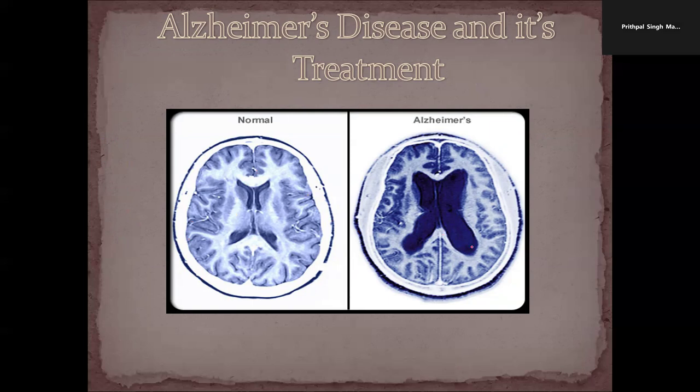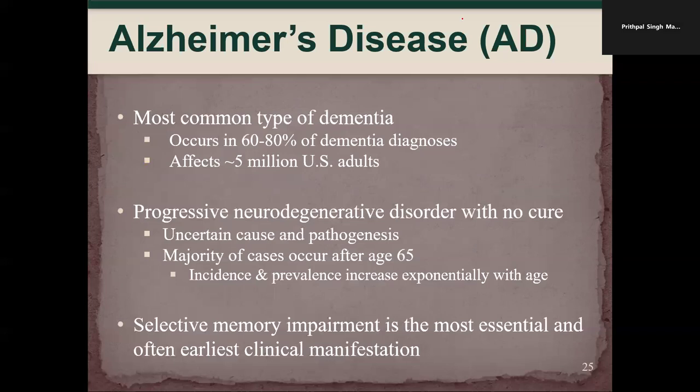Alzheimer's disease is one of the most common types of dementia, about 50% of the dementia diagnosed, and affects around 5 million US adults, progressively. The cause is uncertain, and the majority of these cases are not identified. Incidence and prevalence increase exponentially with age.